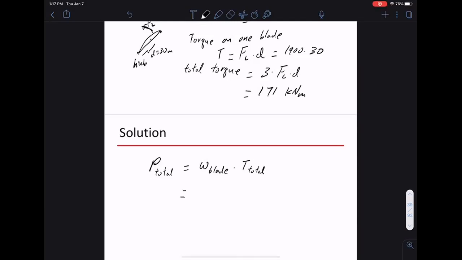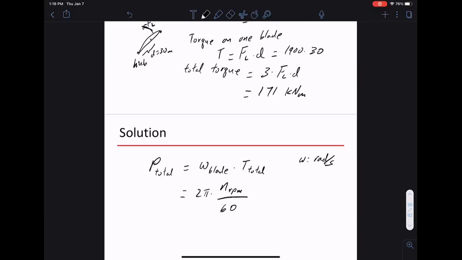The tricky thing about this kind of question is that you have to convert the units. Here, omega is in radians per second, whereas for rotational speed we tend to measure in RPM, rotations per minute, which is a more natural unit. But the equation needs radians per second. So to convert, it is 2 pi times your rotation speed in RPM, divided by 60.